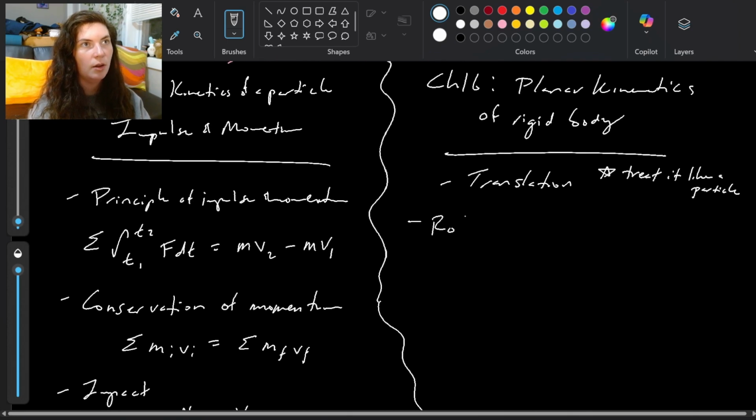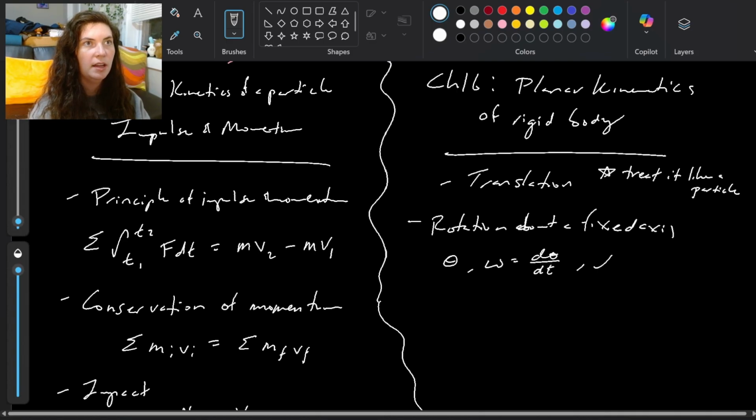So we talked a lot about rotation about a fixed axis. And this is where we introduced theta for our displacement, angular velocity being the derivative of that theta with respect to time, and angular acceleration being the derivative of that angular velocity, or the second derivative of that displacement with respect to time.